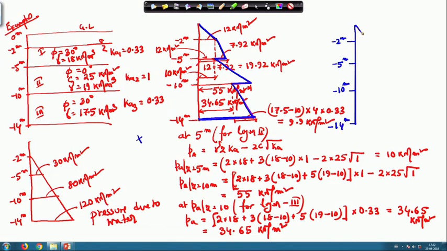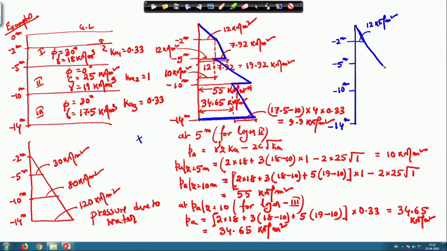So, up to 2 meter, this value is 12 kilonewton per meter square. Then at this level, it will increase because there is water pressure.